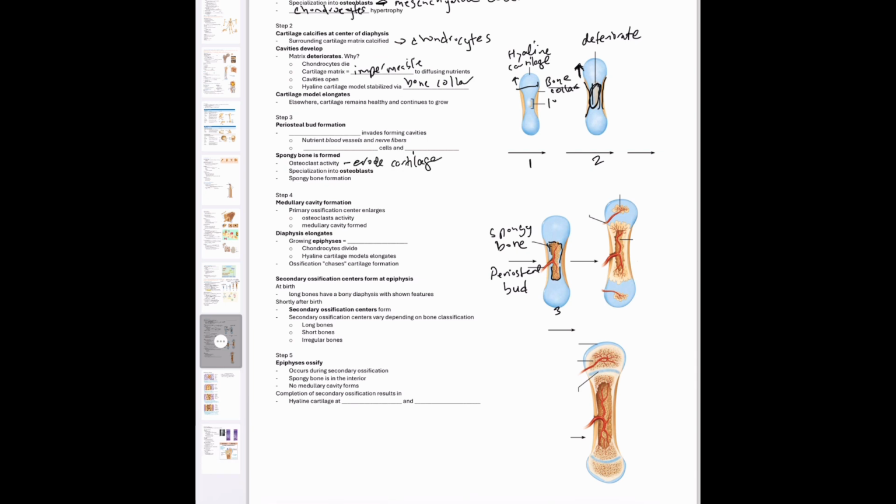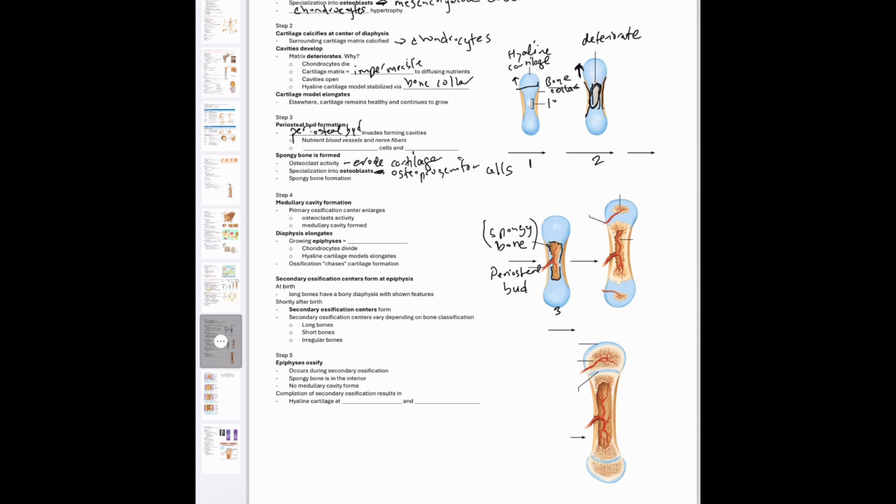And then in order for us to get the formation of that spongy bone, what do we need? We need our osteoblasts. And so our osteoblasts, they are going to be derived from our osteoprogenitor cells. And then we get the formation of that spongy bone. And so some of the other things we talked about was the periosteal bud. And we also have the different types of cells here.